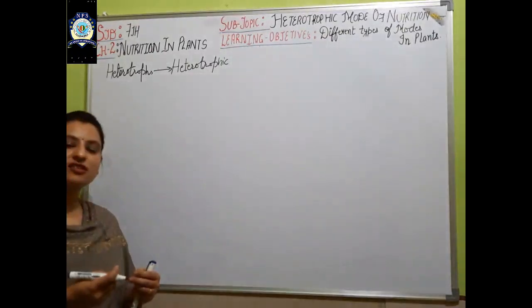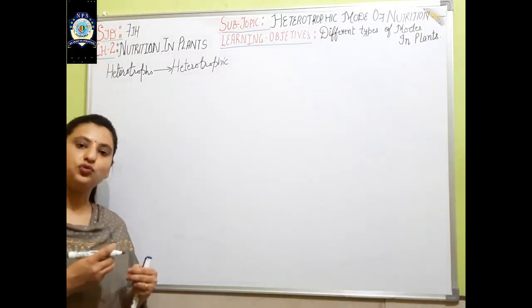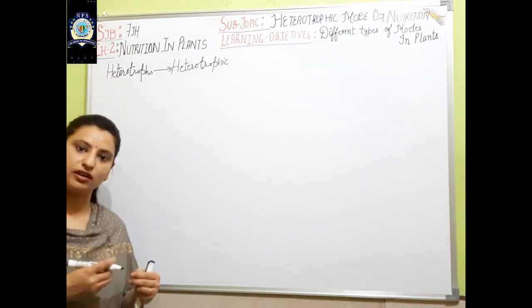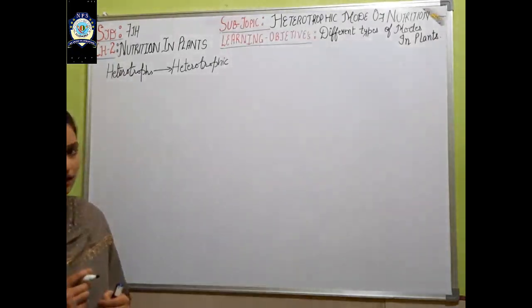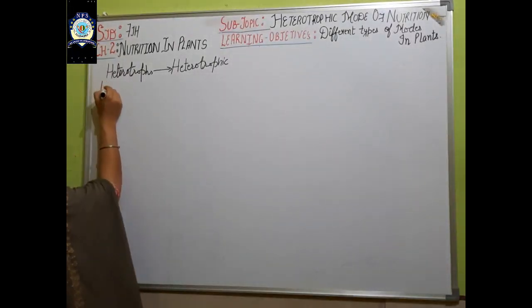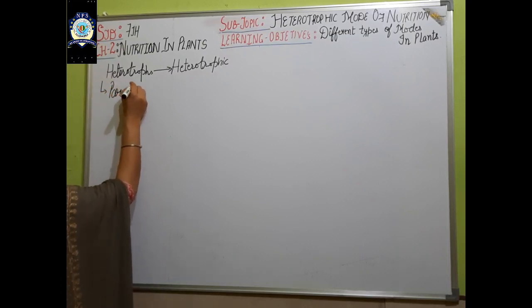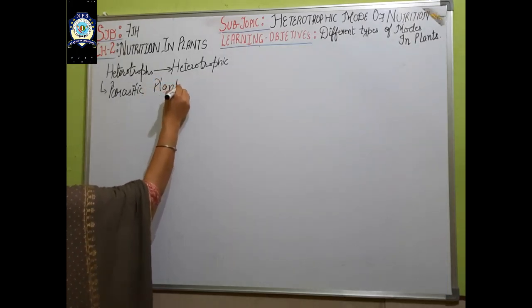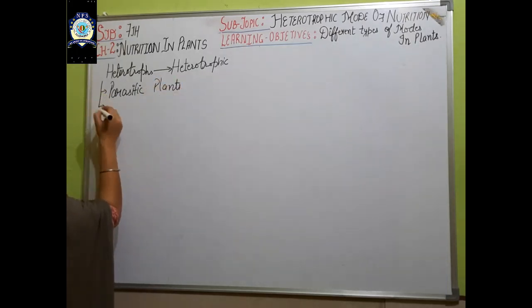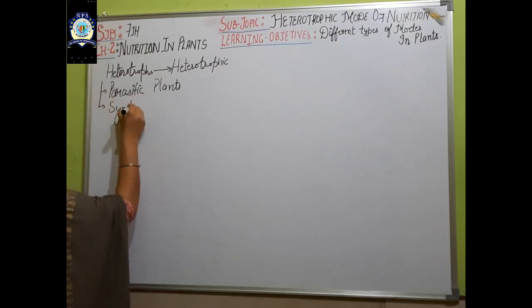Okay, on the basis of the type of food which the plants have to fulfill the need, mainly the non-green plants, we are going to categorize the plants into four main categories. The first one is parasitic plants. The second one is symbiotic plants.